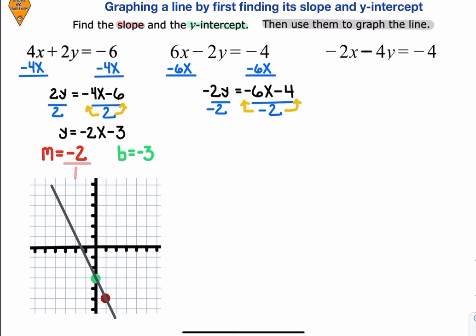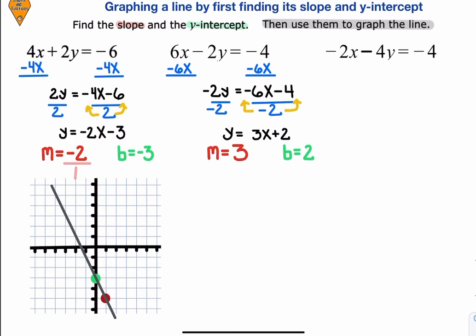So negative 6x over negative 2, negative 6 over negative 2 is positive 3. So we have positive 3x. And then negative 4 divided by negative 2 is positive 2. So here we have y equals positive 3x plus 2.